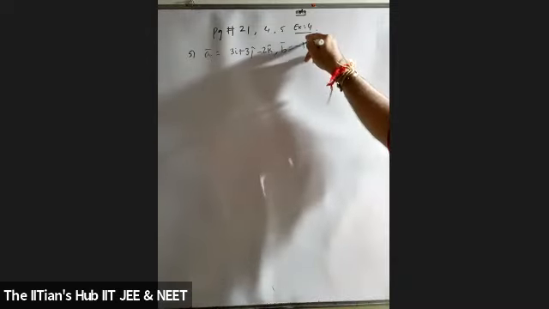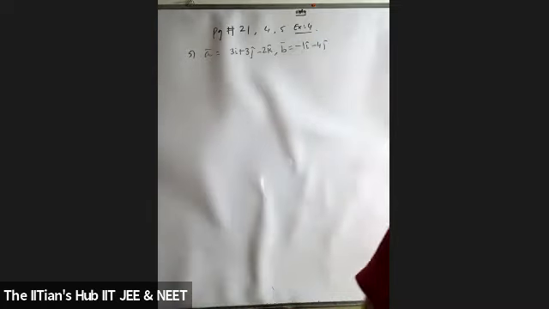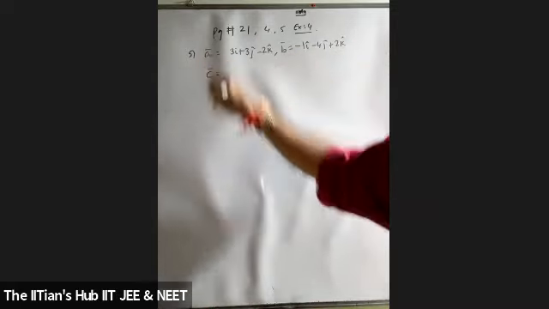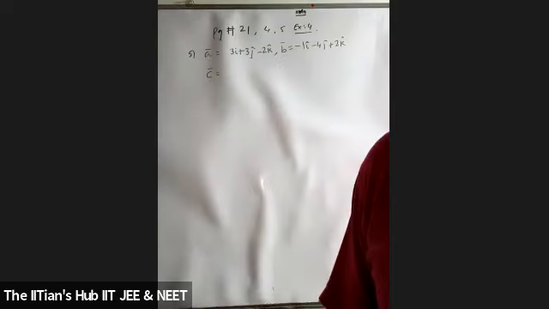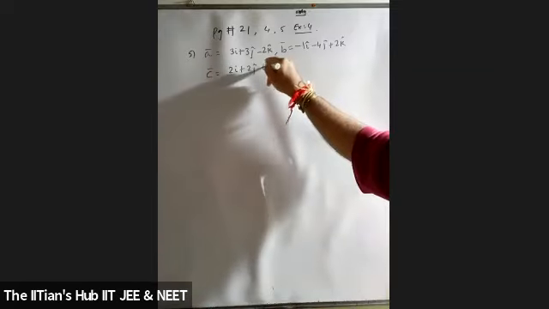Vector B is given to you as minus 1i minus 4j plus 2k. And vector C is given to you as 2i plus 2j plus 1k.